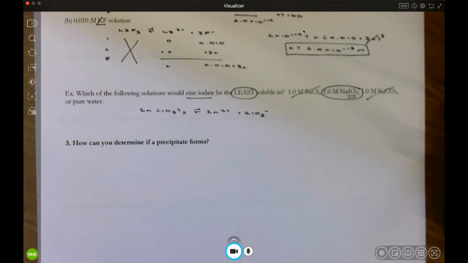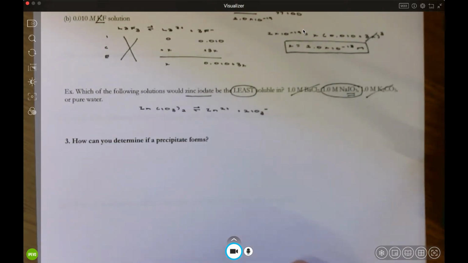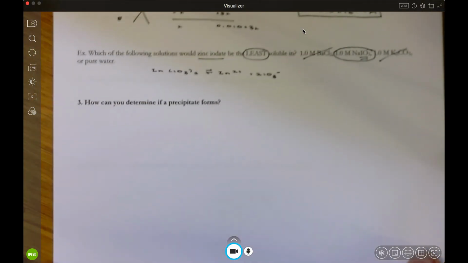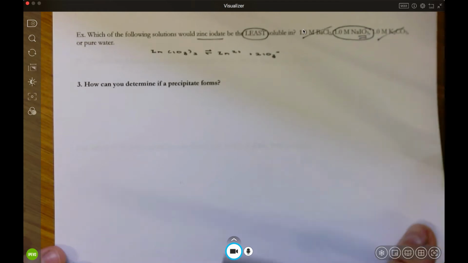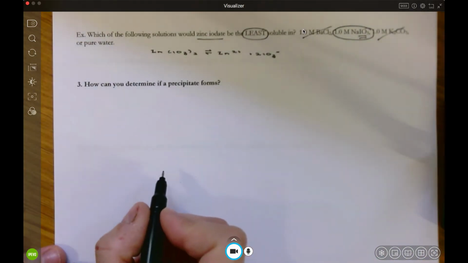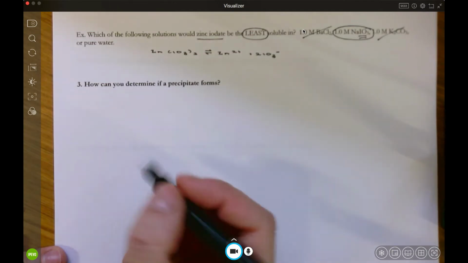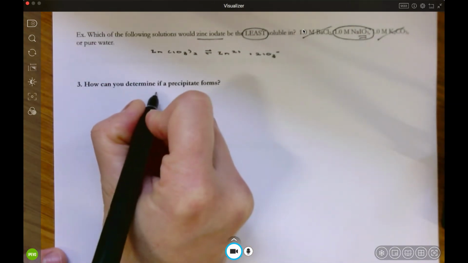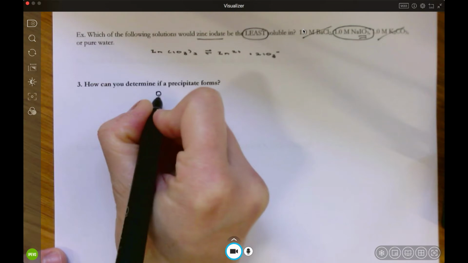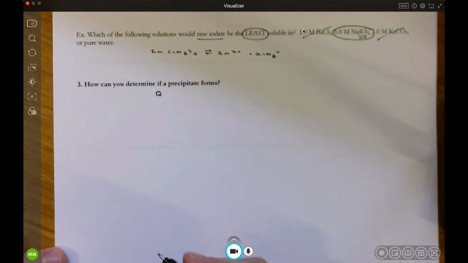All right, for the next question, people ask, how can you determine if a precipitate forms? So let's actually look at zinc iodate really quickly to talk about that. If I'm asking, will a precipitate form, you need to calculate your Q. When you calculate your Q, it's because you're not at equilibrium, or you're not sure if you're at equilibrium.